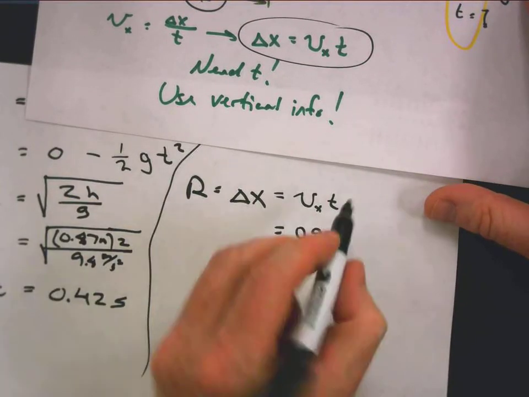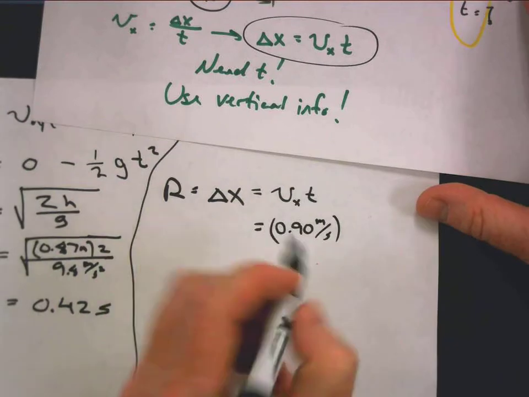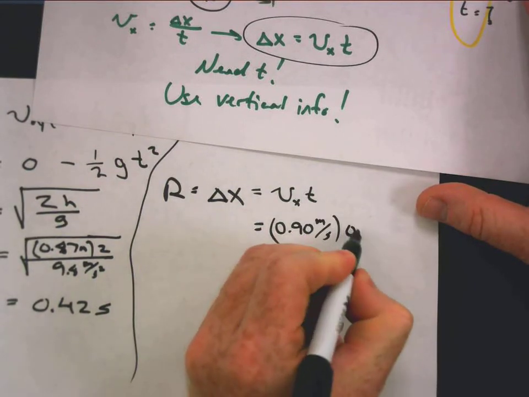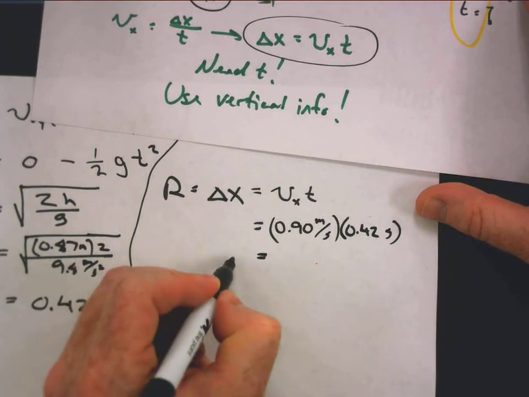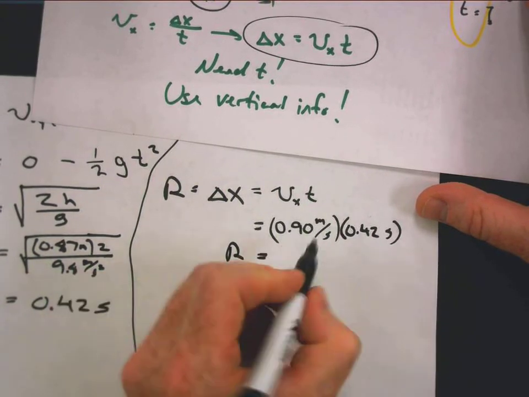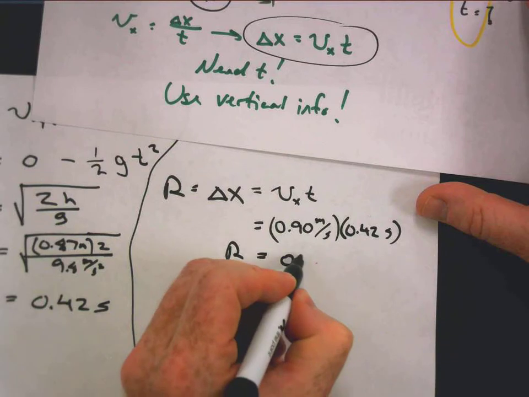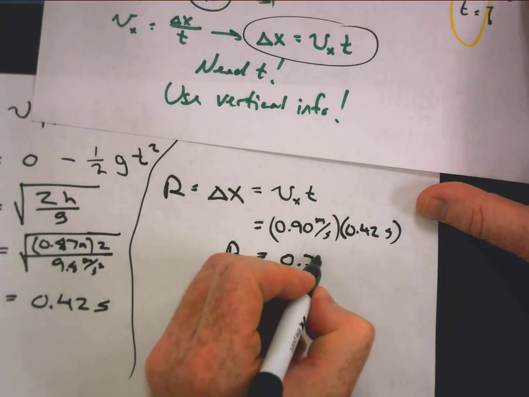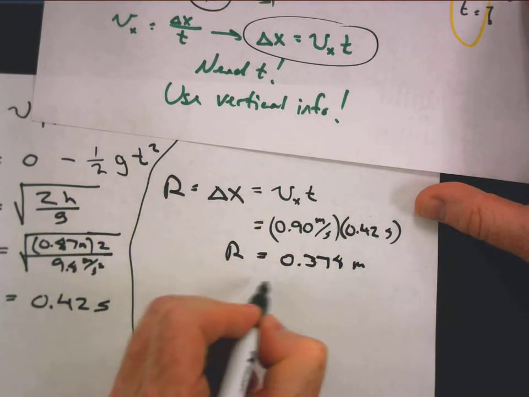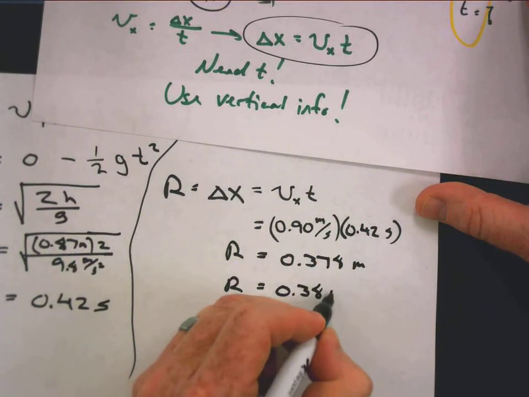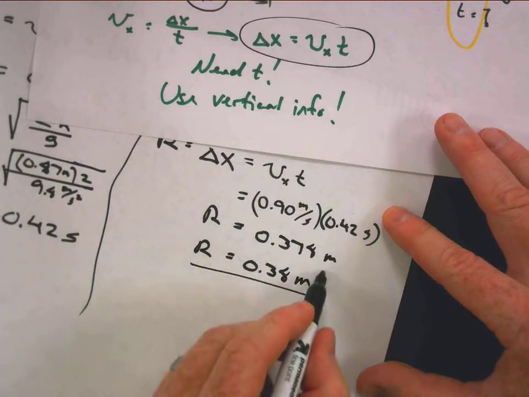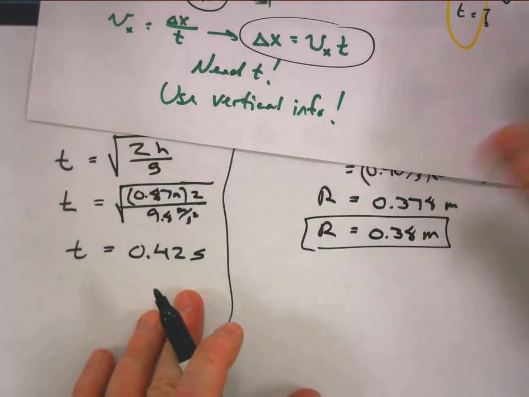I have that extra 0 there just for consistency in my sig figs. And the time, 0.42 seconds. So I get this range of 0.378 meters. And so sig figs, 0.38 meters. Boom. Done.